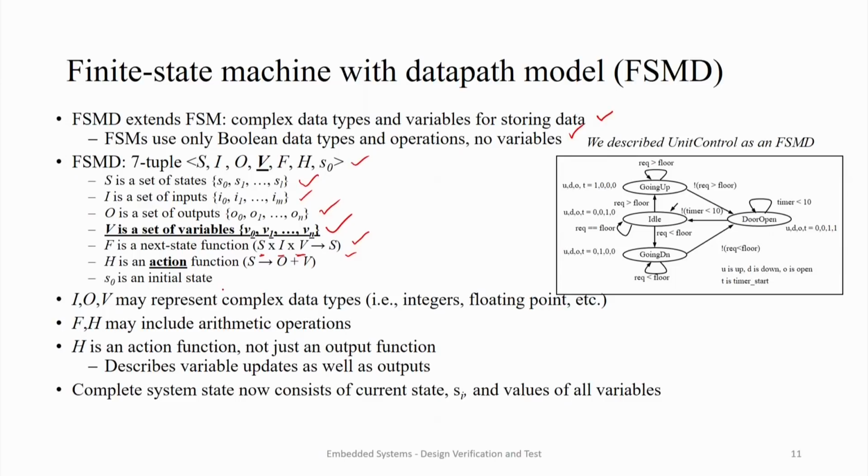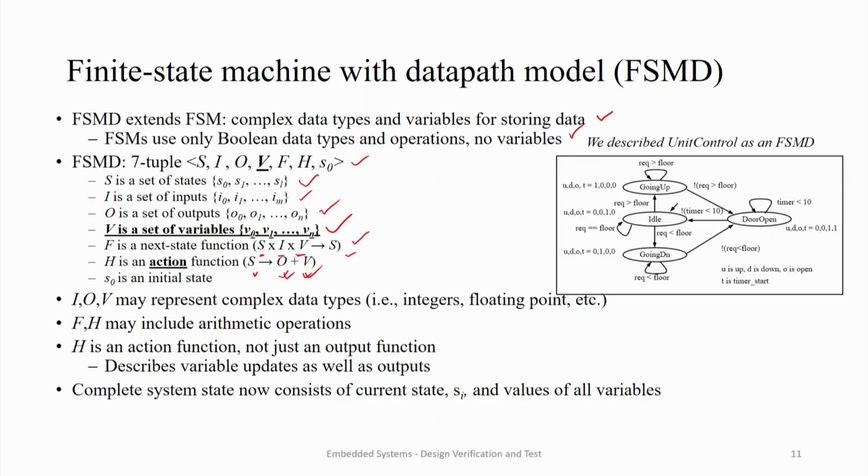It has an action function which goes from a state to a set of outputs and variables. So the action function now not only produces output control actions, it also updates variables.